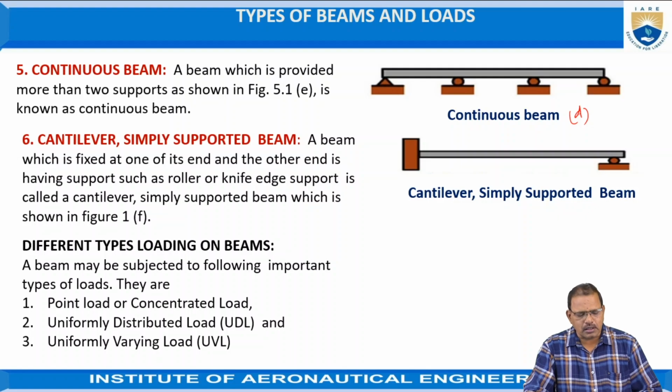Generally, these beams may be subjected to the following types of loads. One is a point load, sometimes also called a concentrated load, second is a uniformly distributed load, and the third one is a uniformly varying load.